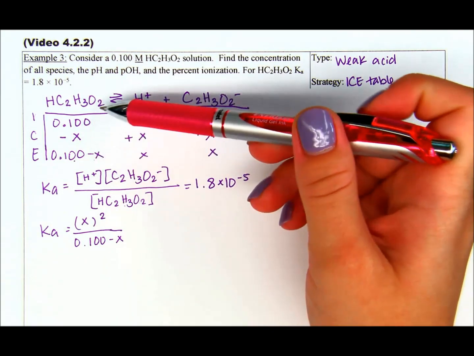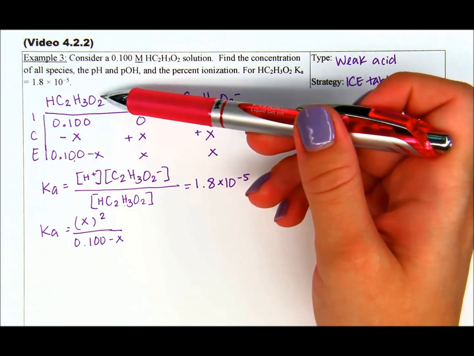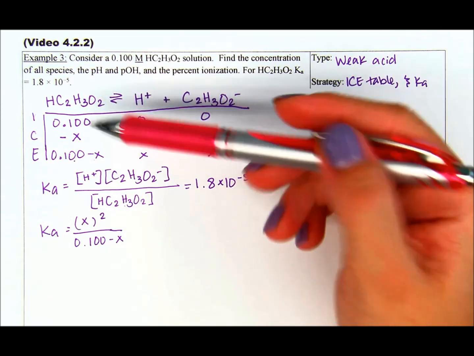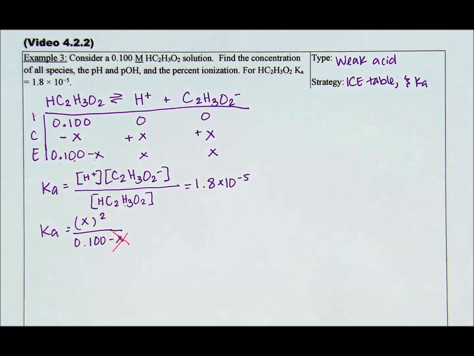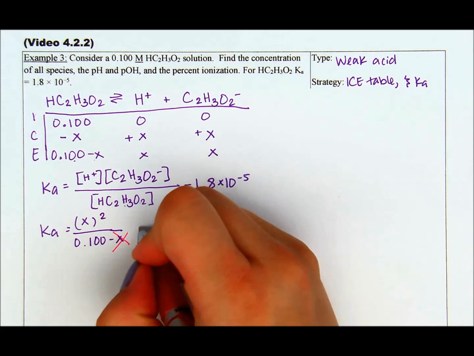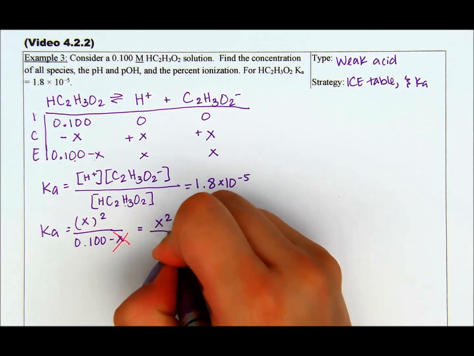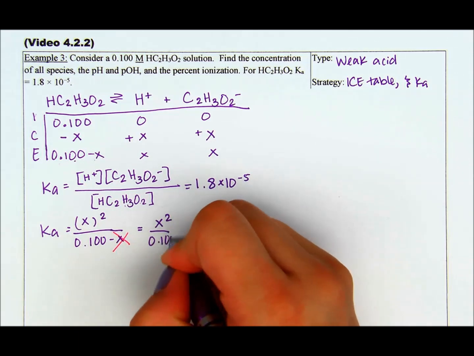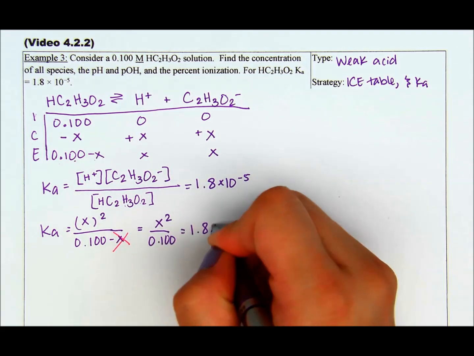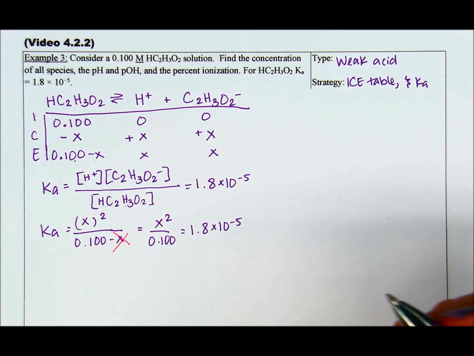And in fact it's going to be, because this acetic acid dissociates to such a small amount because it's a weak acid. So we can safely go ahead and ignore that x there. And so this ends up getting you x squared over 0.100 equals 1.8 times 10 to the negative 5.